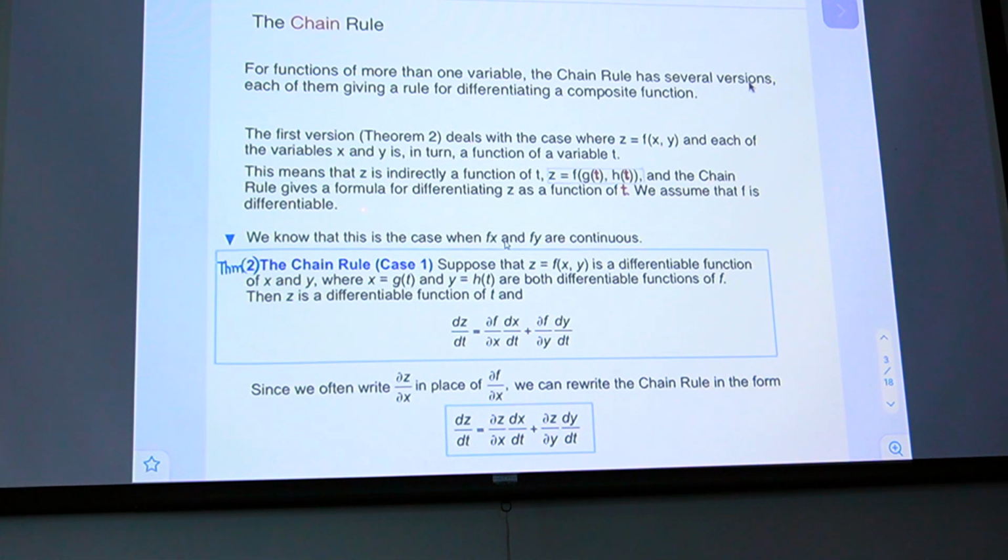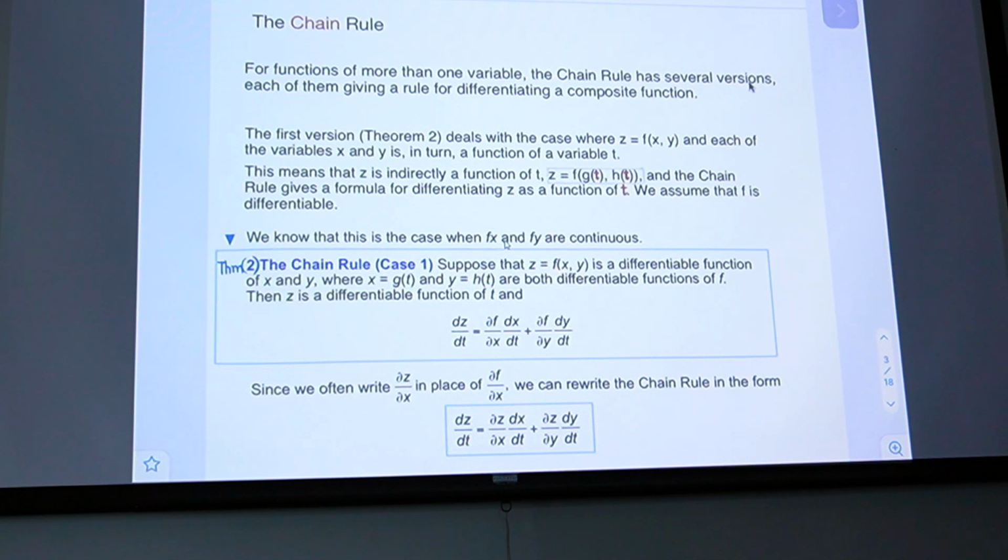The chain rule gives a formula for differentiating z as a function of t. We assume that the function f is differentiable. So what's the chain rule in this case? Suppose z equals f(x, y) is a differentiable function of x and y. And think about the velocity as a function of the position x, y, okay? Where x equals g of t, y equals h of t are both differentiable.